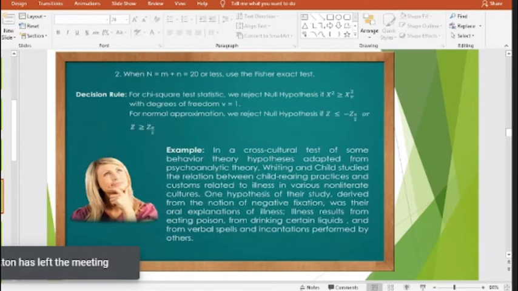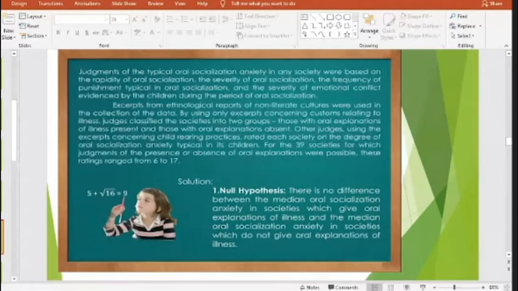So judgments of the typical oral socialization anxiety in any society were based on the rapidity of oral socialization, the severity of oral socialization, the frequency of punishment typical in oral socialization, and the severity of emotional conflict evidenced by the children during the period of oral socialization.